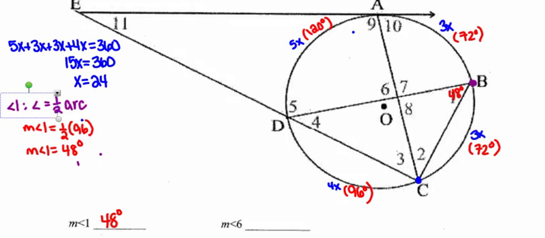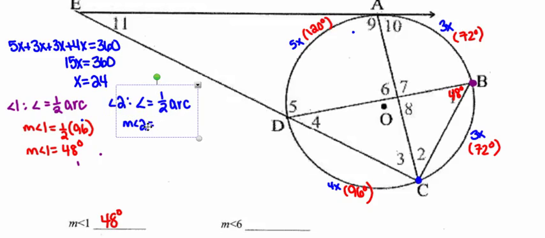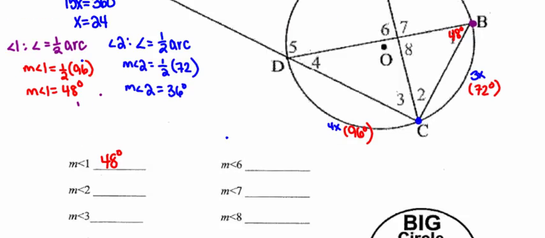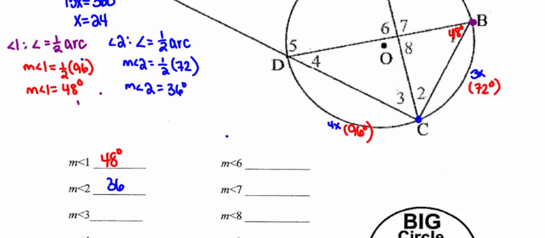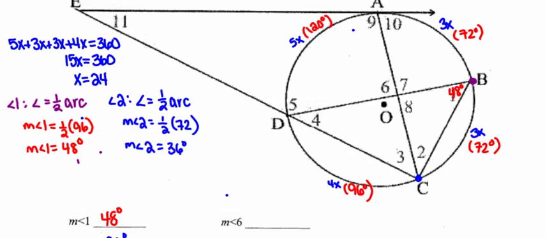Angle 2 has its vertex on the circle. Its degree measure is going to be equal to half of the arc that it intercepts. So the measure of angle 2 now is going to be half of 72, making the degree measure of angle 2 36 degrees. And again, I'm going to label that nicely and neatly in my picture.